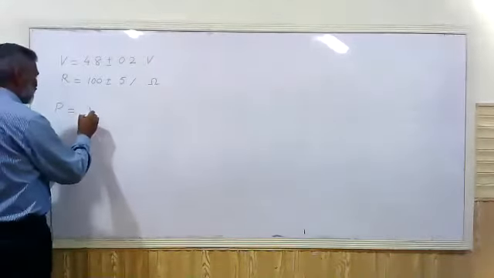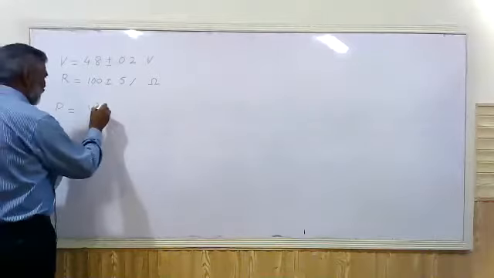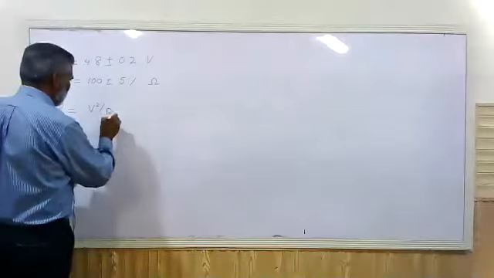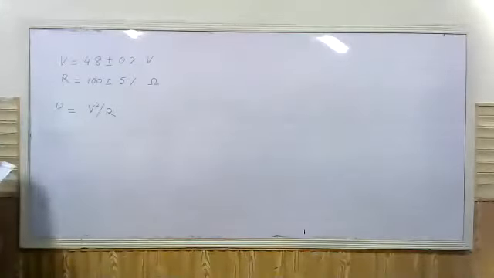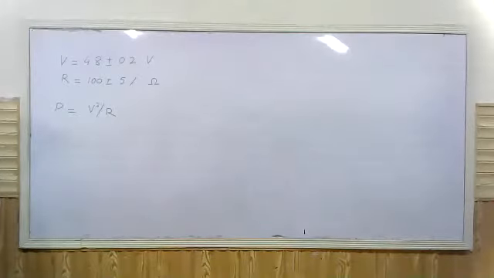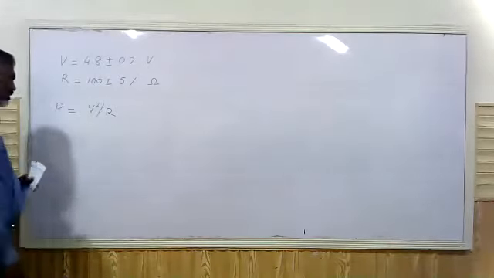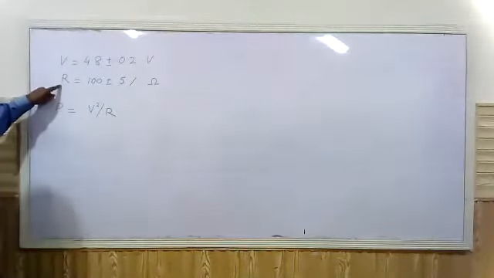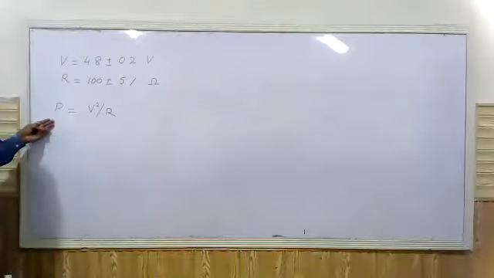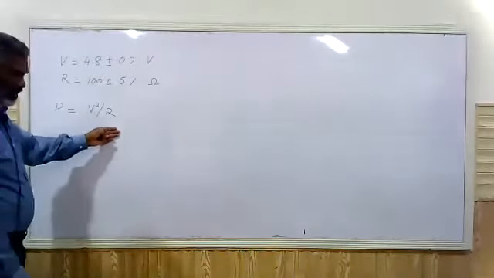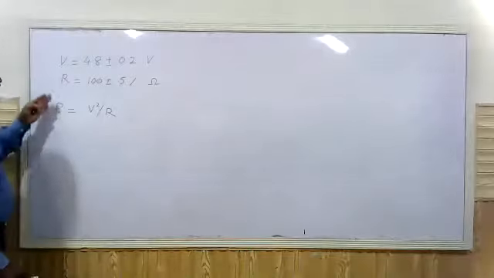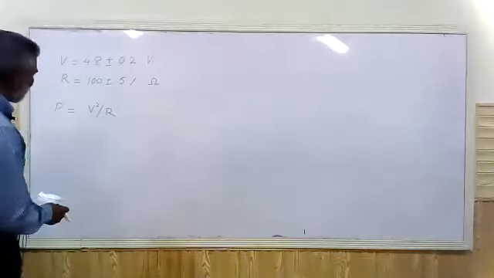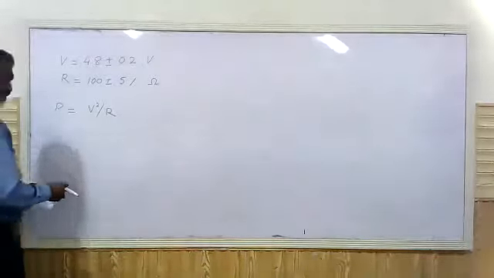Let's say this is the relationship that we are going to use, V square over R. If instead of resistance we had current here, then of course the relationship would be V into I. But instead of current, we are given resistance, so V square over R is the proper equation to be used in this case.